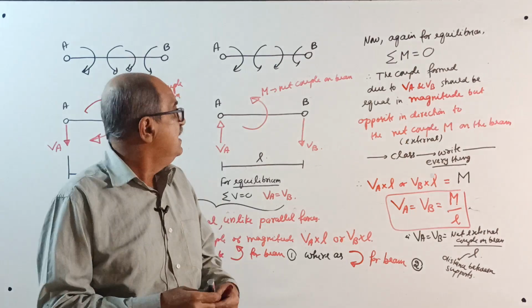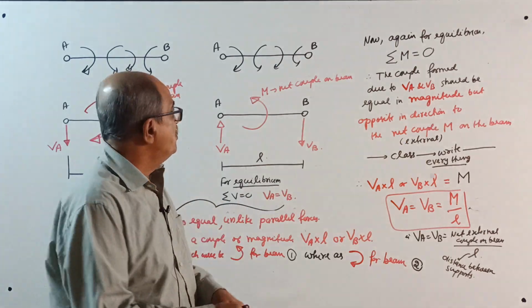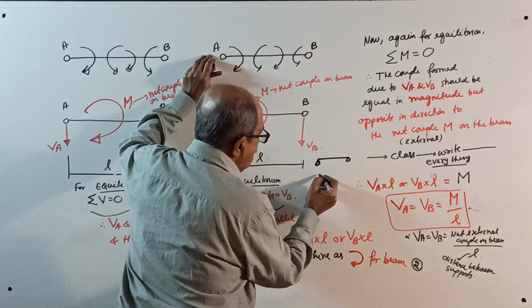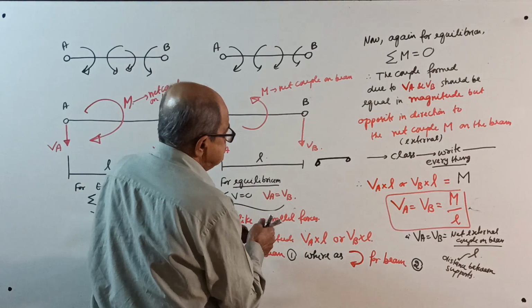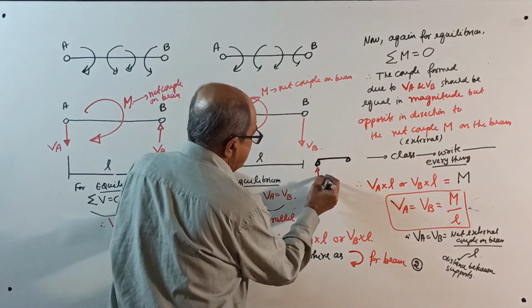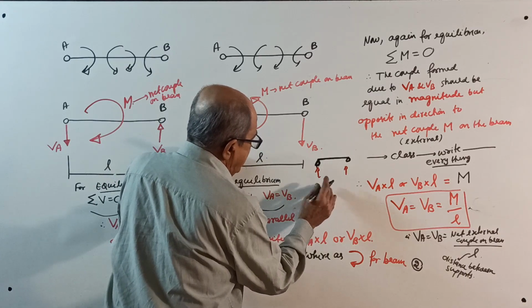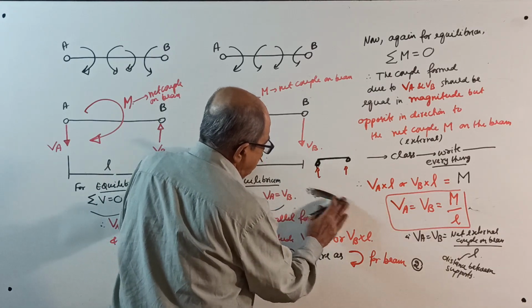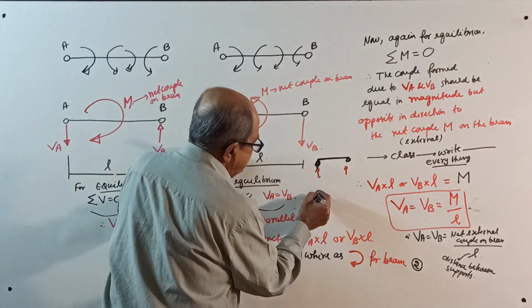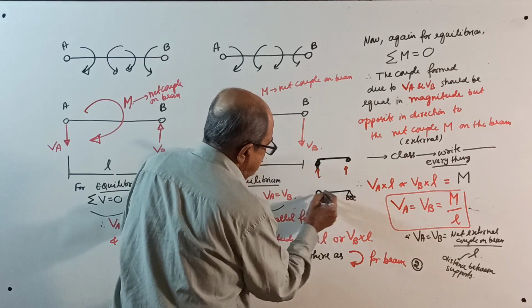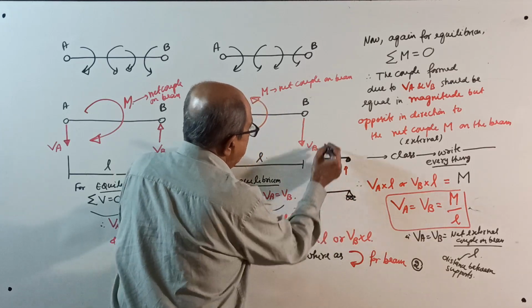Now remember, usually if you take a simply supported beam, there is only vertical reaction. Or suppose you consider one pinned and the other roller. Pin you can show very easily by a round. This is the pin.